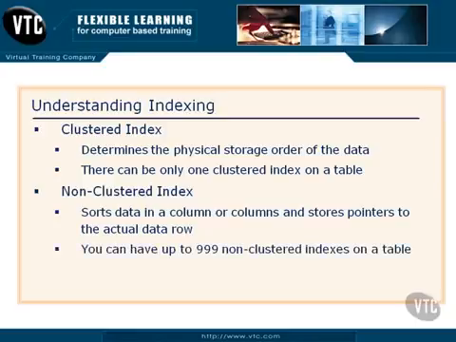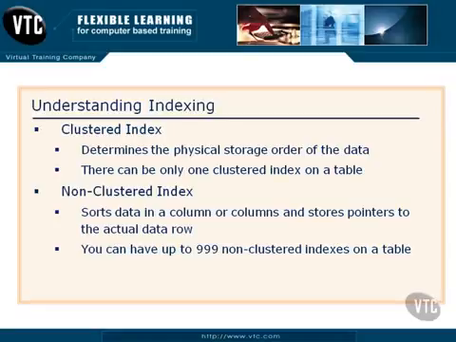Now, you can have up to 999 non-clustered indexes on a table, but let me warn you, every non-clustered index that you put on a table has to maintain these pointers, and then every time we put new data in, the pointers have to be renumbered and rearranged. So the more non-clustered indexes you have, the faster you can pull data out of your table.